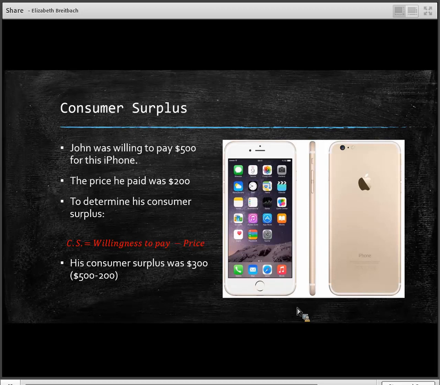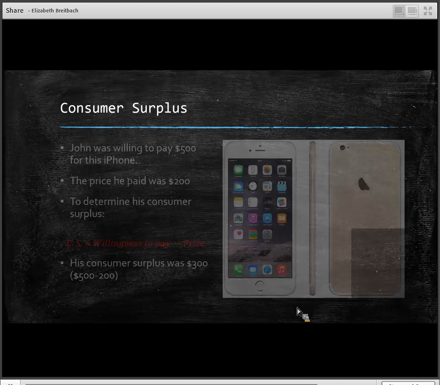So when we're moving on to the market consumer surplus, what we have to think about is the demand curve. Our demand curve represents the willingness and ability of all consumers in the market to purchase the product. And so that's going to become very important. We're going to think about our demand curve and our equilibrium price when we're thinking about the willingness to pay of our consumers and the price.